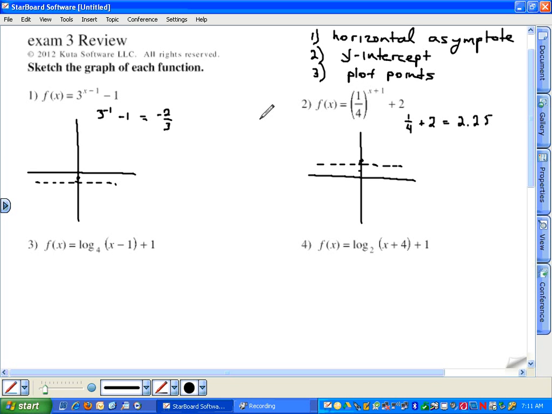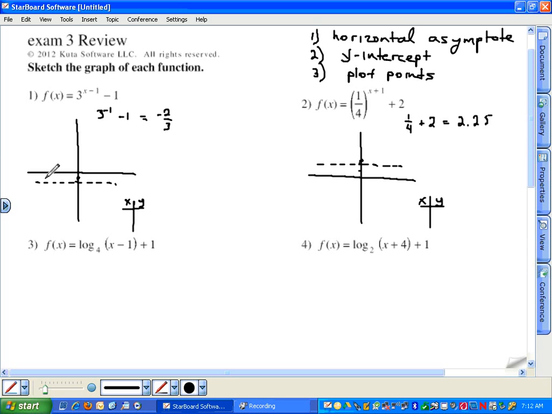Third thing we need to do is plot points. Now, what that really means is we're going to make an XY table for both. Now you can fill in the x column with whatever numbers you like, but it really depends on what type of exponential function we're graphing. In number 1, since the base right here is larger than 1, that means this is a growth function.